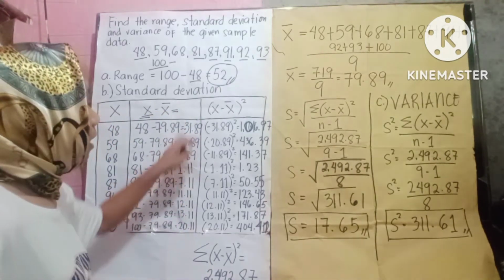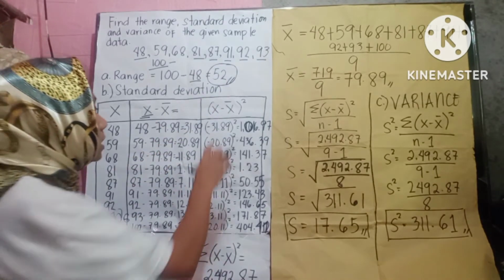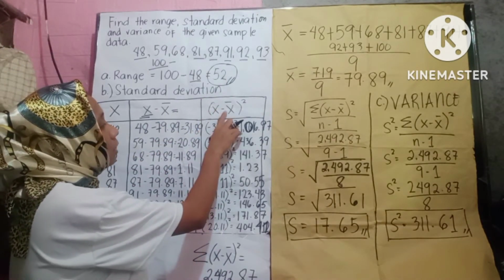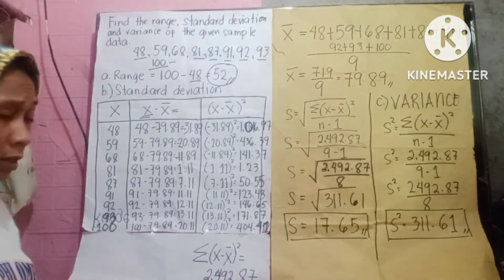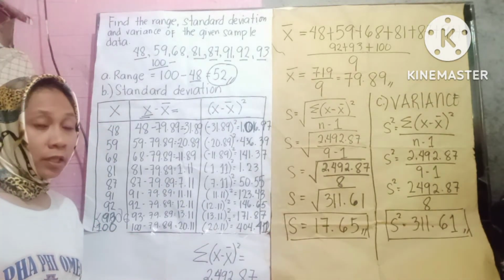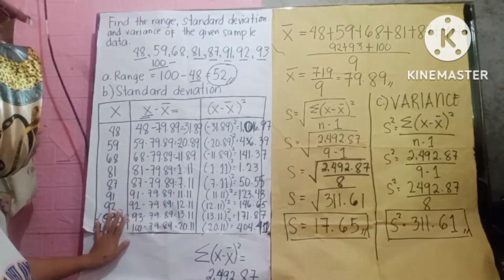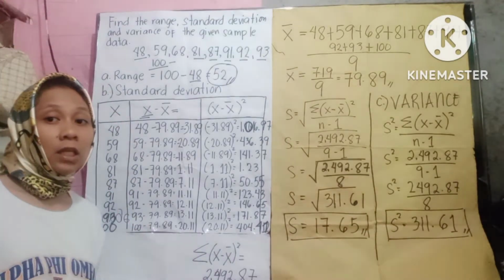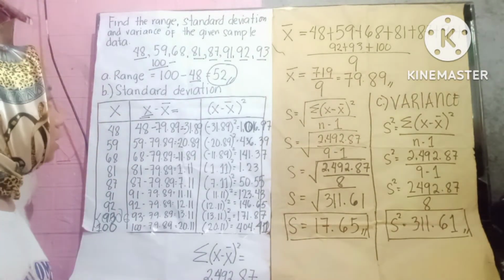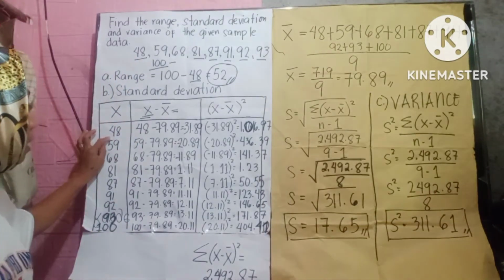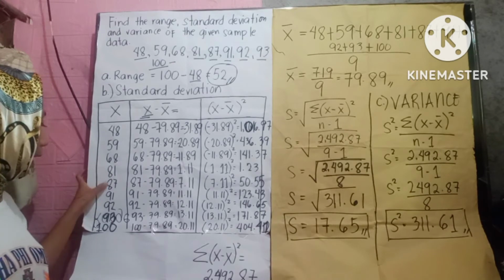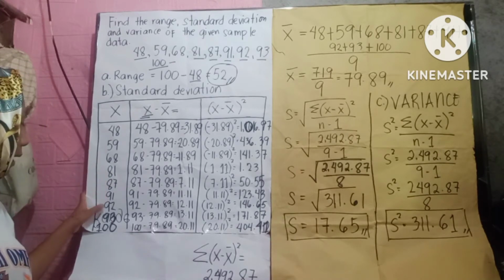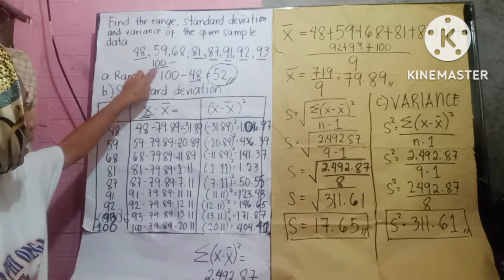The third column is x minus x bar raised to the power of 2. To get the standard deviation, let us first focus on the first column. First, we identify the given sample data, which are 48, 59, 68, 81, 87, 91, 92, 93, and 100.